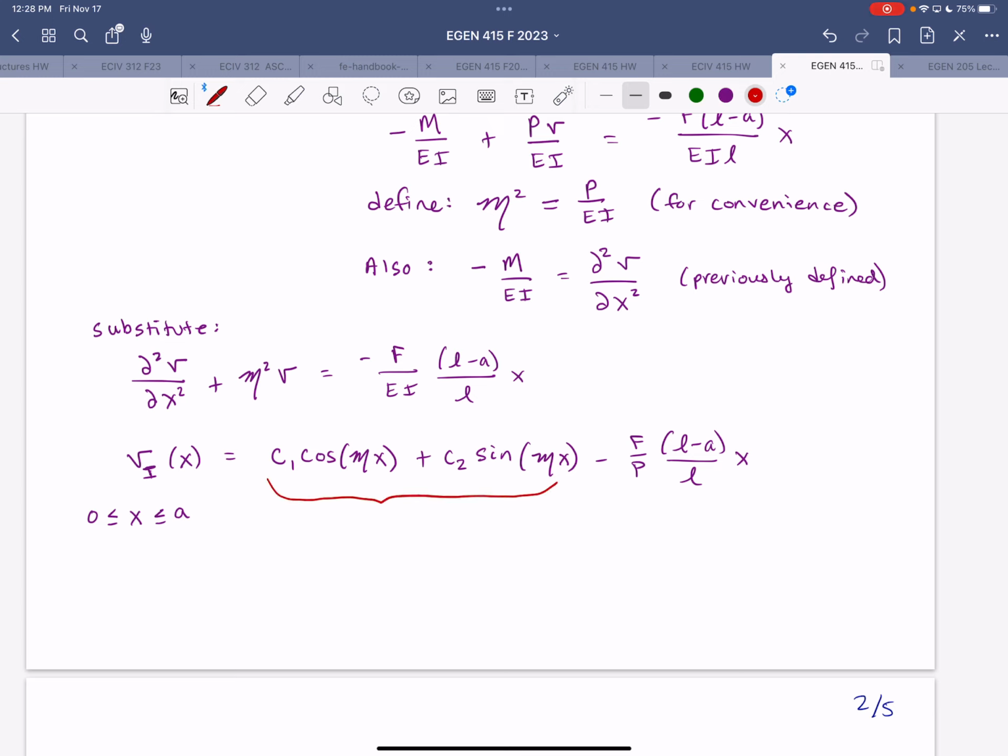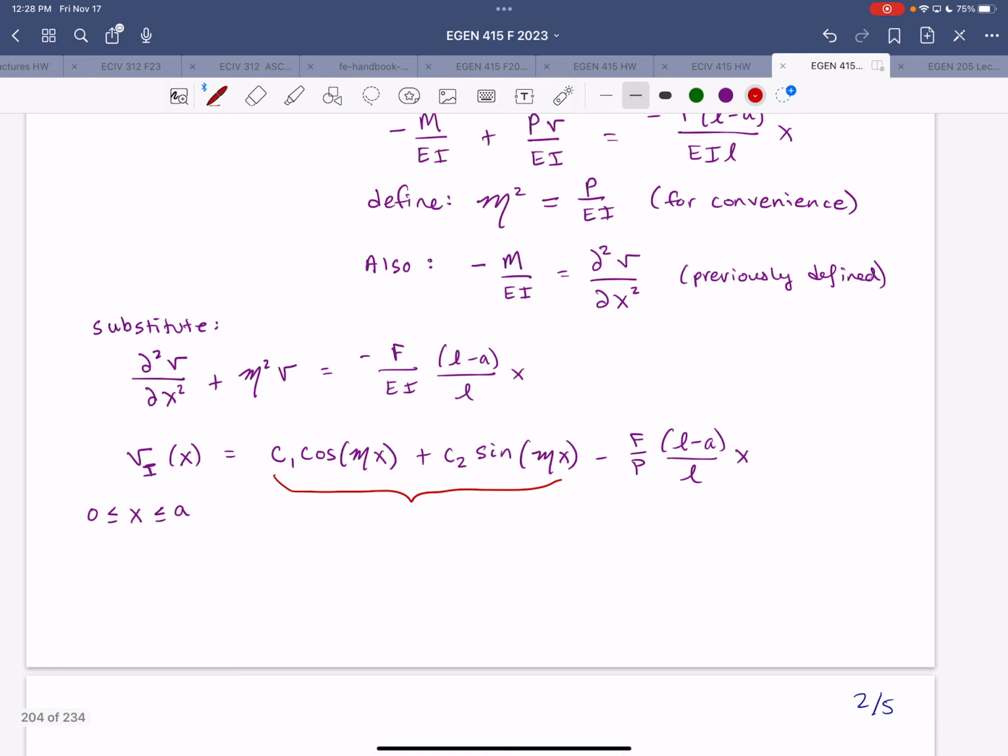The first two terms in this solution represent the general solution, and you'll notice that this part is based only on the axial load, not the transverse load.